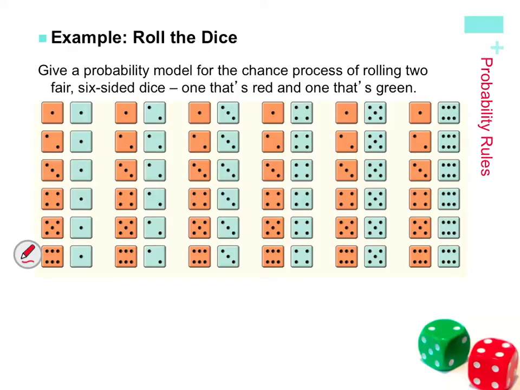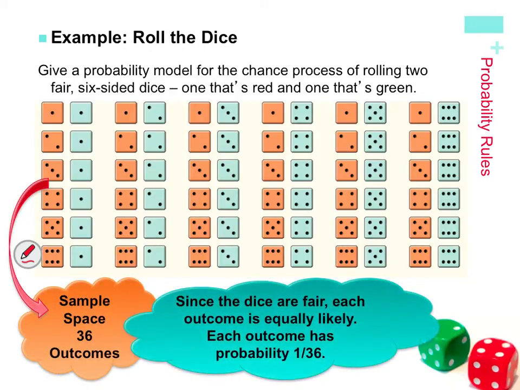If the dice are carefully made, all of these outcomes have the same probability. So in the probability model, each outcome is equally likely to happen. Each outcome has a probability of 1 out of 36.